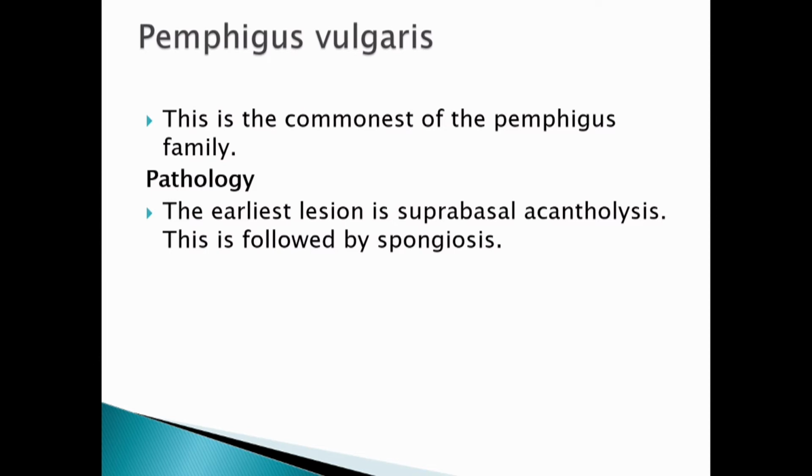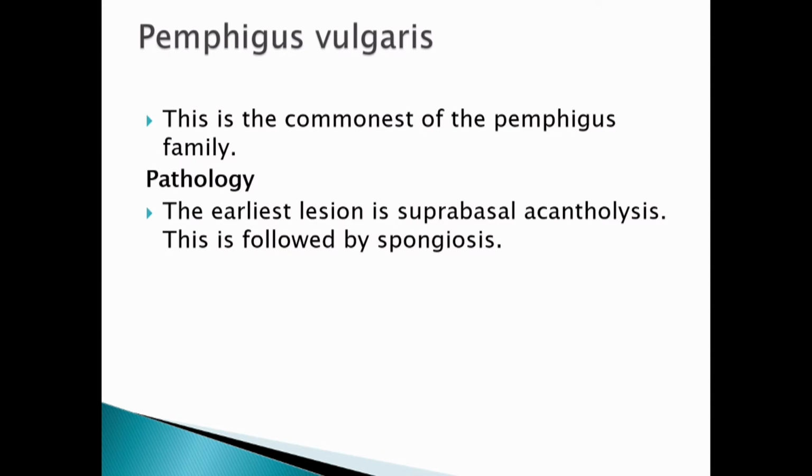The body makes antibodies against a specific point, and this specific point here is the tonofilament desmosome complex. The antibody will attack it, it will break, and fluid will accumulate in this site.